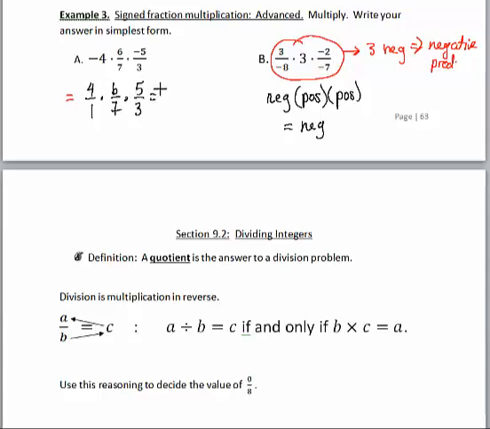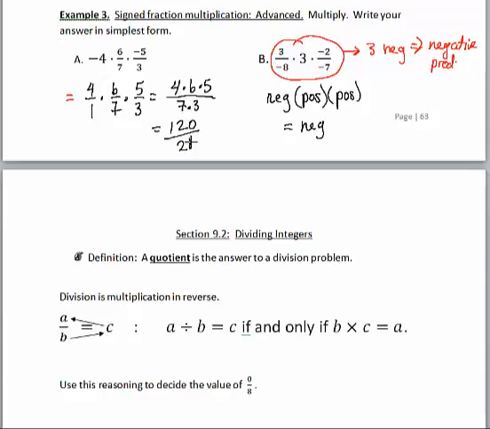We've already worked out that it's going to be positive, and so at this point I simply multiply all the numbers together on the top. 4 times 6 times 5. The 1 is not going to affect the product. On the bottom we could just simply write 7 times 3. 6 times 5 is 30, times 4 would be 120 on the top, and then 7 times 3 on the bottom would give us 21.